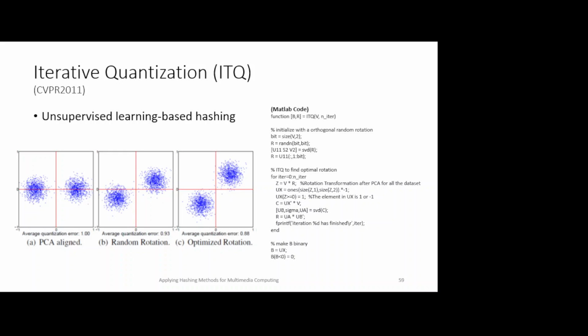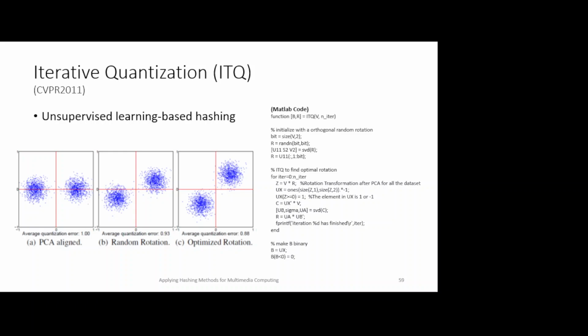Then you perform PCA. PCA is principal component analysis. If you perform PCA, you can find two principal components, meaning the eigenvectors. This is the first eigenvector, and this is the second eigenvector. When the data is projected onto the first eigenvector, it generates the largest variance between them.